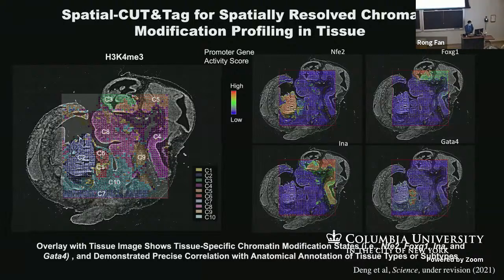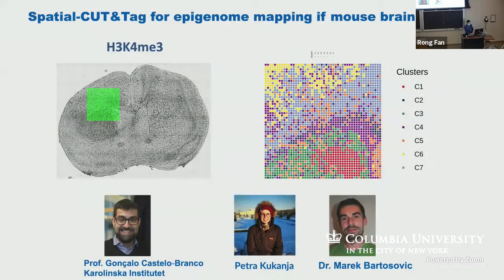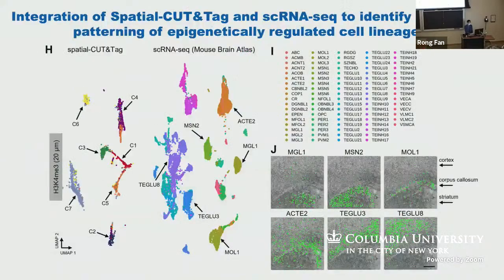So I'm going to skip those slides, but very, very exciting data from adult mouse brain. We did CUT&Tag to look at different histones controlling the cortical layer formation. But for the interest of time, I'm going to skip those.